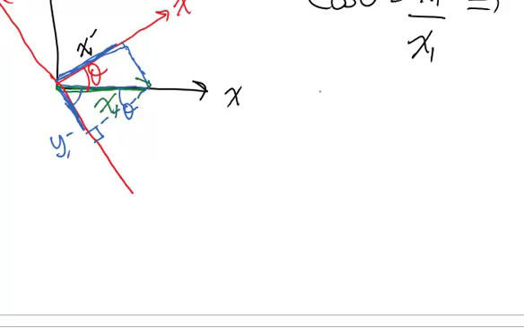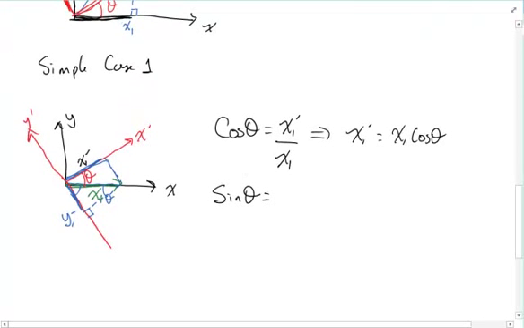So from that, I get that sine of theta is, now I notice that this is along the negative y-axis, so I need to put in a negative sign there, negative y1 prime. I want this particular term to be positive, and since y1 prime is negative, I put the minus sign out front, divided by x1. From this, I get that y1 prime is the negative of x1 sine theta. So now I have a way to transform the x component of a vector into the prime coordinate system.